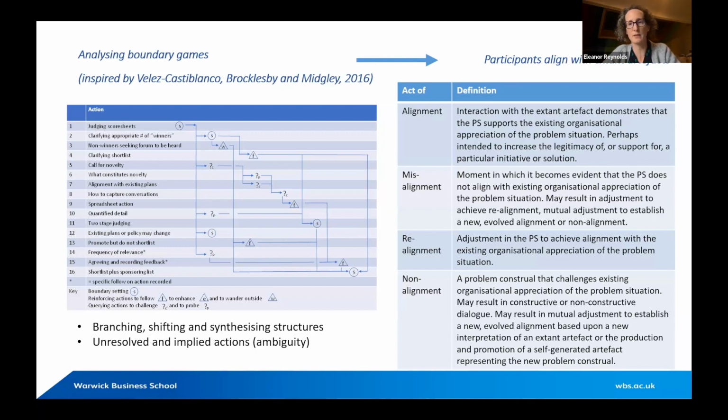And then synthesis, the idea that two issues are actually part of one larger issue and can be expressed as one. What I was also seeing, and remember that this was a relatively informal facilitation or perhaps no facilitation environment, I also saw ambiguity there, where there were unresolved acts and implied actions.